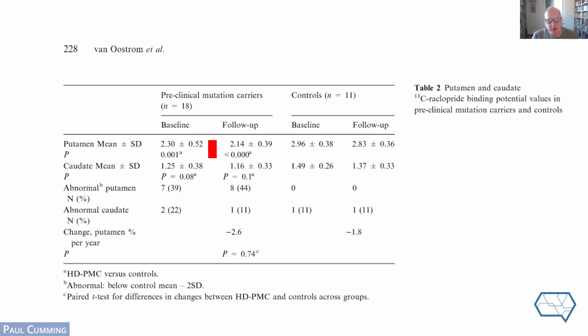So there's an ongoing process that causes further loss of the dopamine system, but more importantly, perhaps, this shows unambiguously that even before they manifest symptoms, carriers who are destined to develop Huntington's already have lost a substantial proportion of their dopamine receptors.